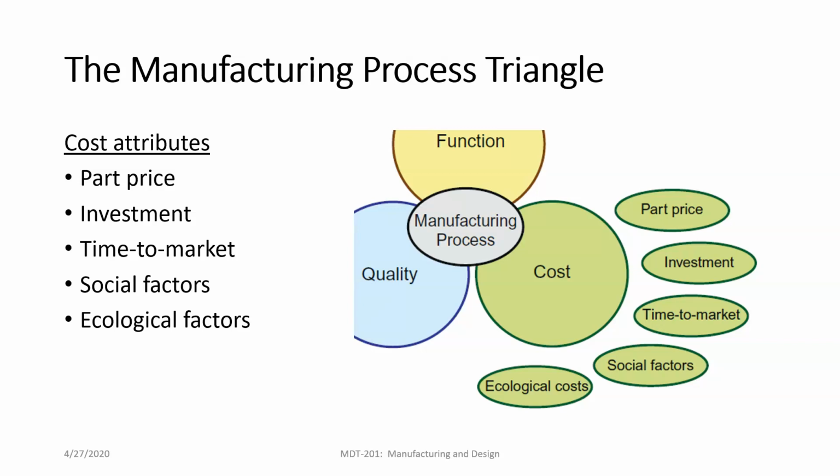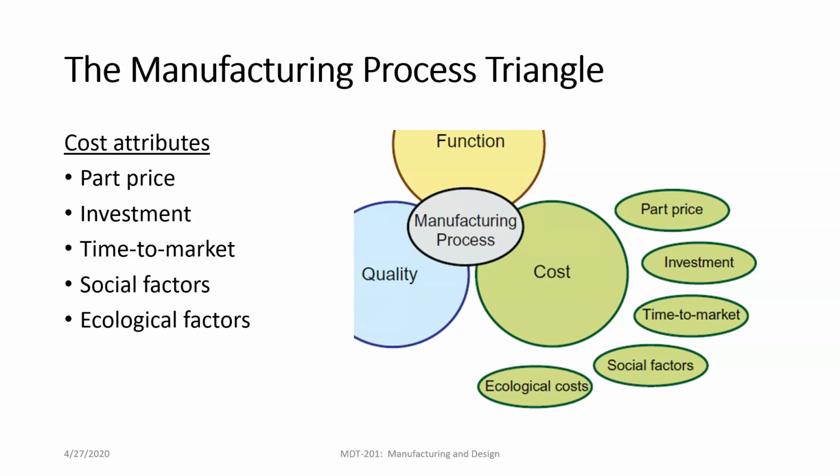What are the social factors involved in that? And ecological costs. So with large production, we could have waste. Some of the waste cannot be good for Mother Nature, ecologically damaging, fluids. There may be environments that are dangerous.